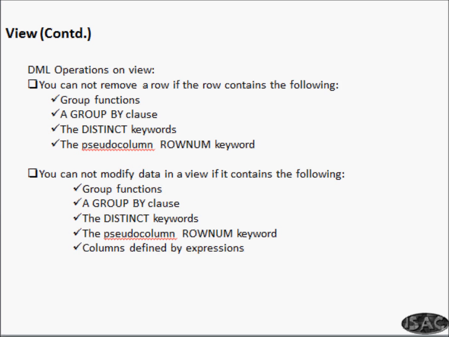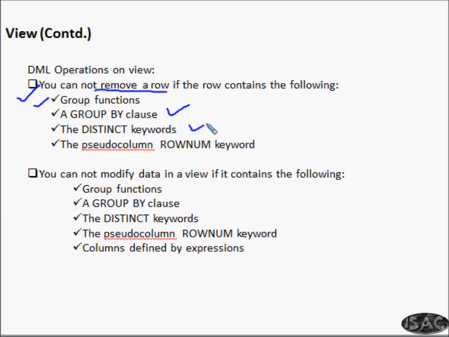Now the DML operation on view, look at it here, it's very important. You cannot remove a row if the row contains the following: group functions, what it means, like sum, max, mean, right?